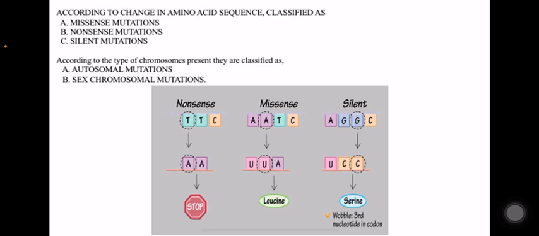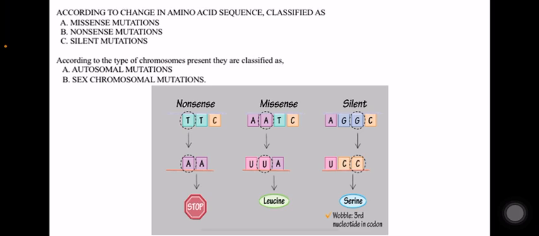Next, the mutation is classified according to change in amino acid sequence. One is missense, wherein there is a change in the meaning of the codon by changing one amino acid into another.